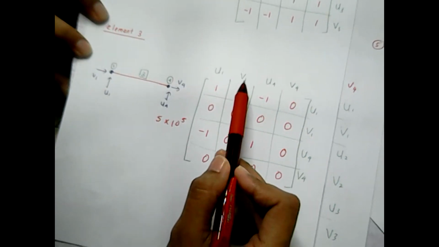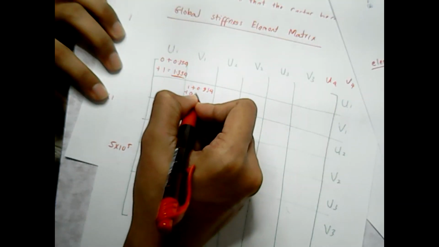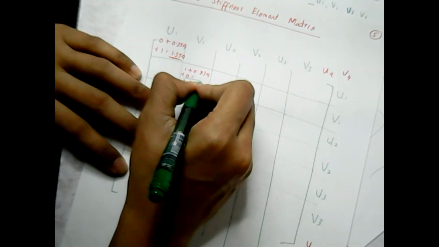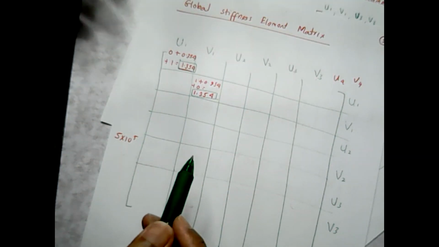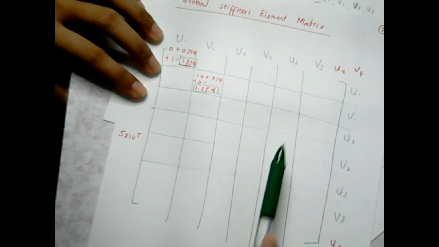Element number 3, v1 is 0, so plus 0, so again you will get 1.354. So here is 1.354, here also 1.354, and the same way you have to do for the rest of the coordinates in these matrices.